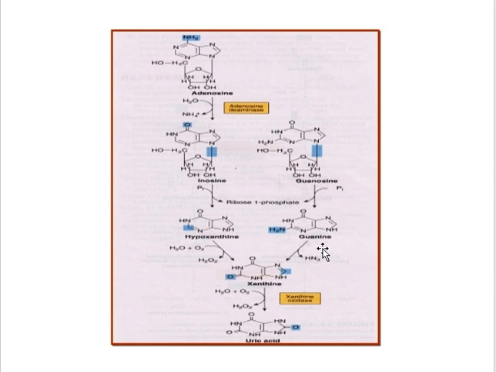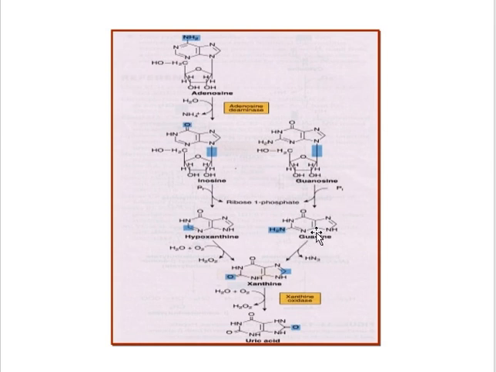Then the nitrogenous base guanine is deaminated. We have seen that in case of adenosine, first of all deamination takes place, then further reactions come on, and in case of guanosine, that deamination takes place after the separation of ribose.